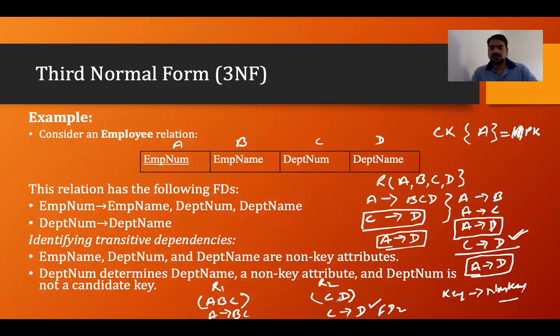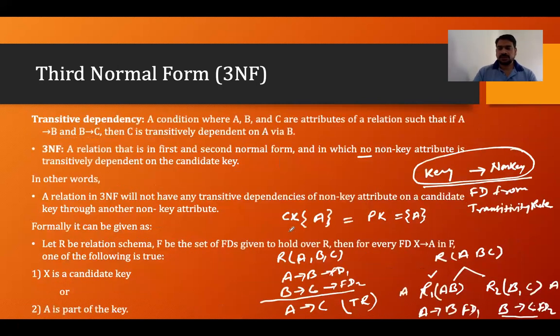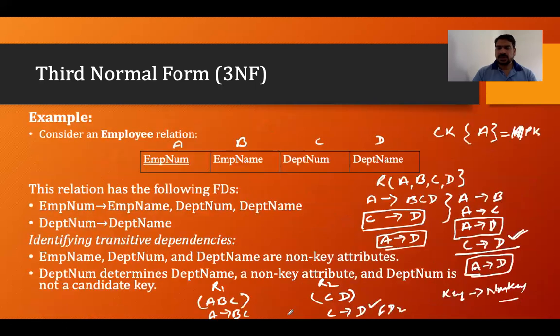So here also we have to find those attributes which are creating the problem. Okay, so in both cases you got it. Because of this we are getting the problem, and the problem is A determines D.